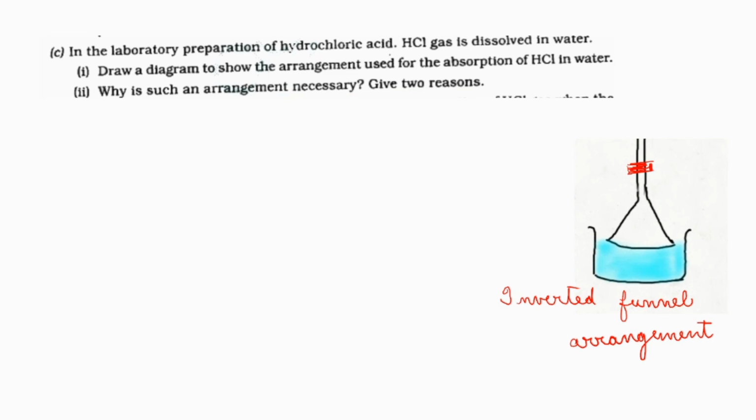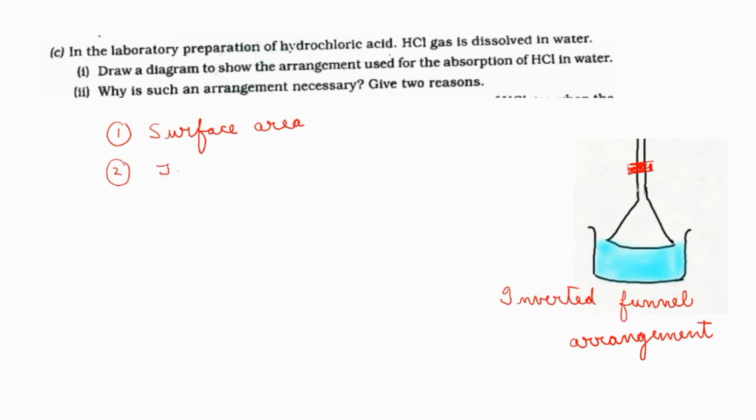One reason is to provide greater surface area. If you are using a delivery tube, what will happen? Its opening is very small. Surface area is very less, so a small amount of gas will be dissolved in water. But if you are using a funnel, it will provide a greater surface area for absorption of the gas. That is one reason. What about the other reason?